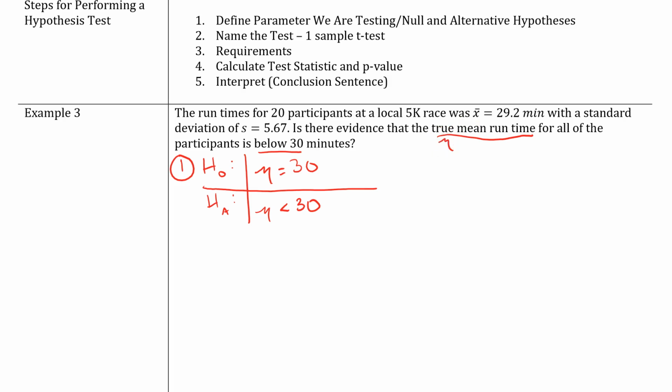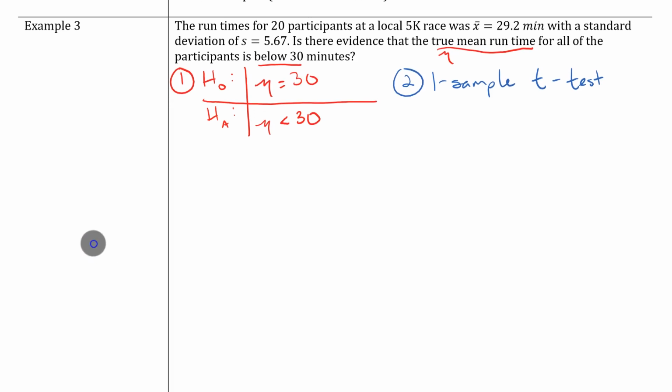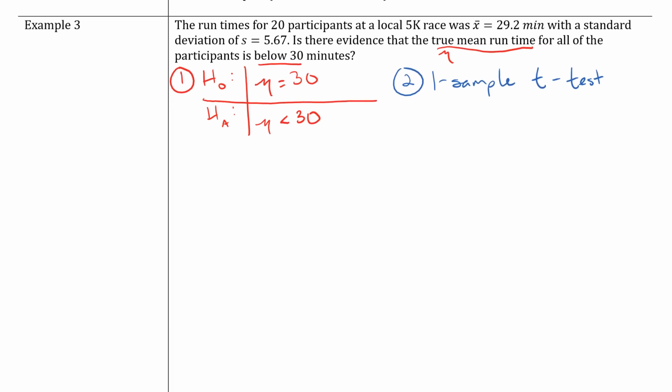So what we're going to use to test this claim is a one-sample t-test. So again, it's t because we're working with means. So let's check our requirements. So we have our independent, random, and large enough.